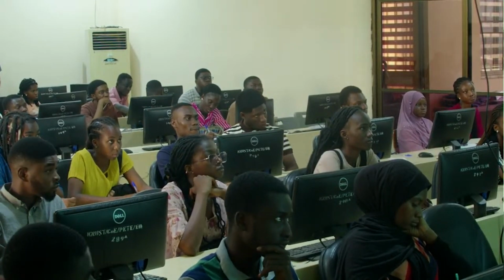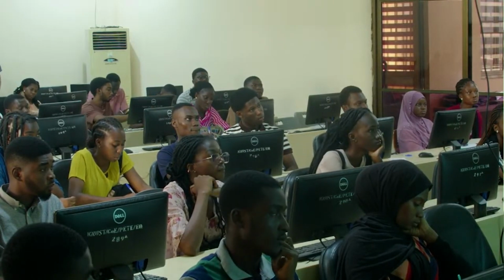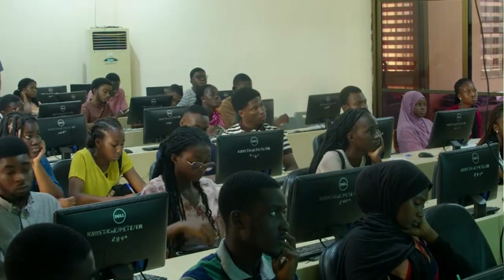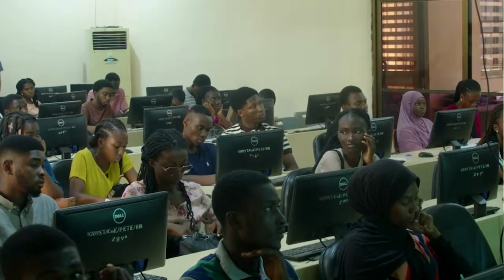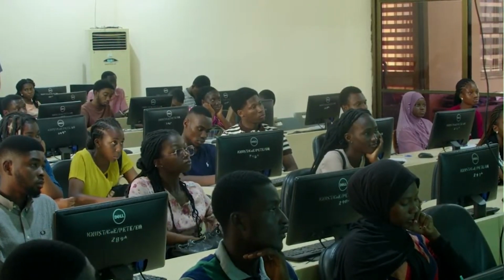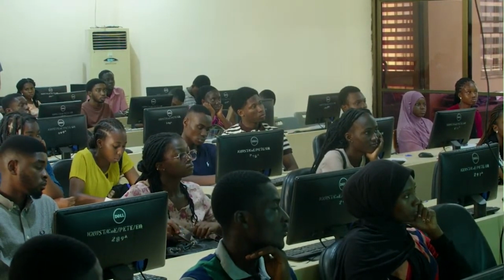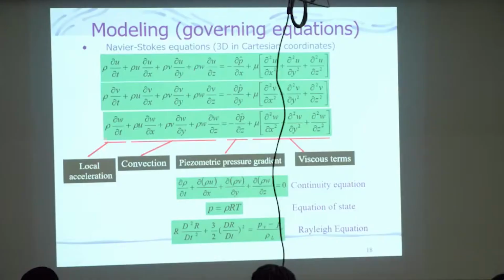Now, in all these equations, the first term has to do with the partial rate of change of the velocity, and of course, the rate of change of velocity is what? Acceleration, right? So the first term represents local acceleration in the x, y, and z directions. The three terms that come after the local acceleration are what we call the convective or convection terms.